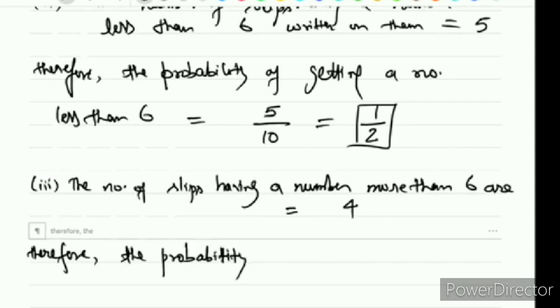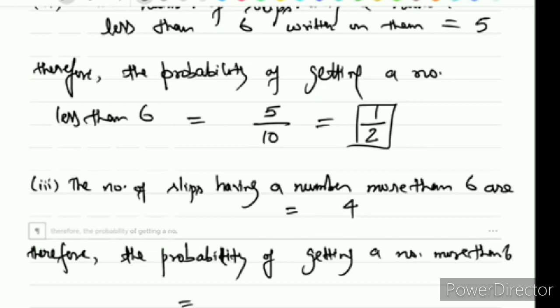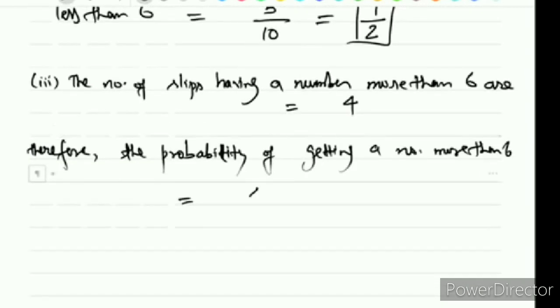Therefore, the probability of getting a number more than 6 is equal to 4 by 10. If you simplify, you will get 2 by 5.